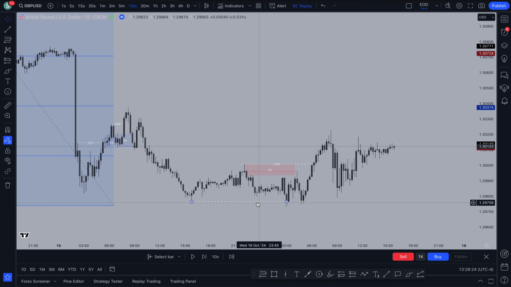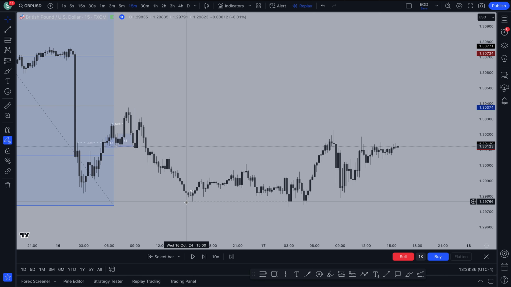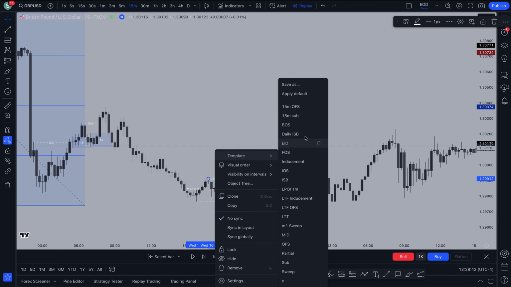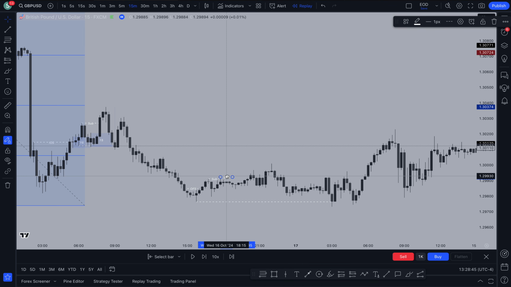One thing that's interesting to note is that this is the way the community was viewing it. The way I was viewing it was something happened around here. As you guys can see, we had two candles print right here. So to me, this was an order flow shift, and this was basically just normal M15 structure.